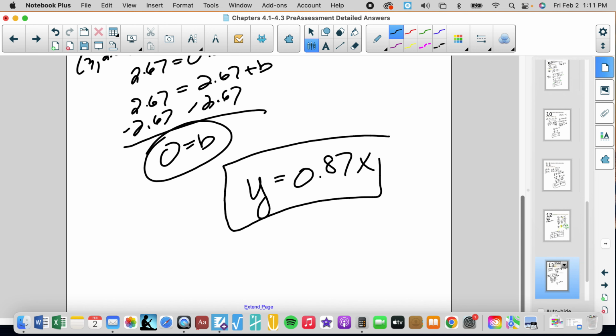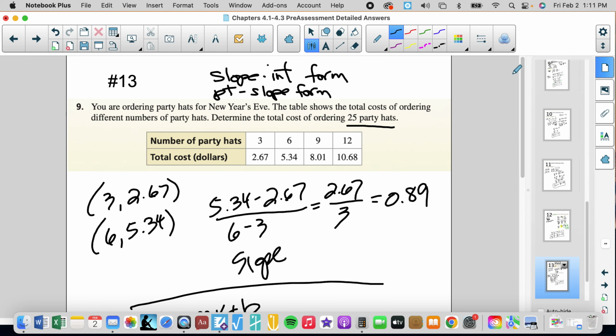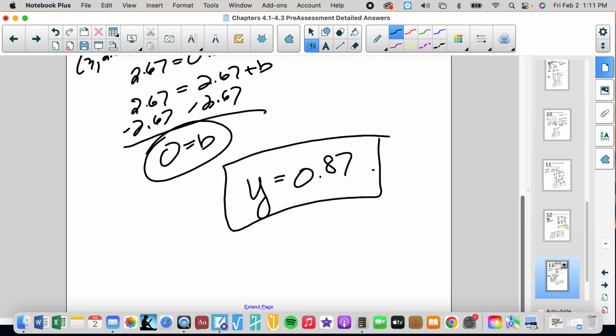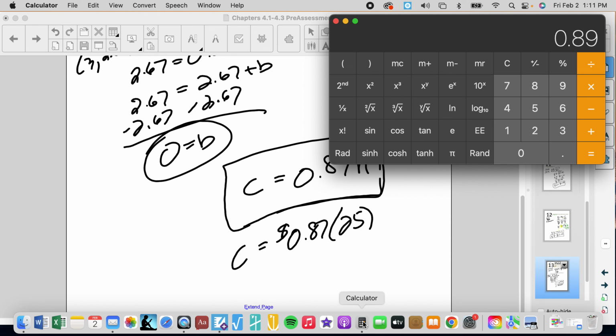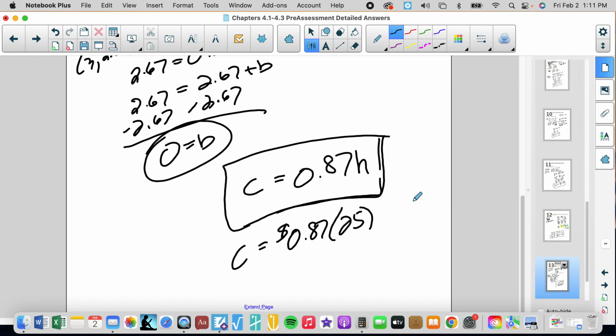0.89x. So if I want to find for 25 hats, and maybe we can do h, and we can do c for cost, that would be a better one. And so if I want to find for 25 hats, it's going to be 89 cents per hat, and I want 25 of them. So is it 8.9 or 8.7? Yikes. 8.9. Hello, Mr. Mack. I know you were wondering, where did 8.7 come from?